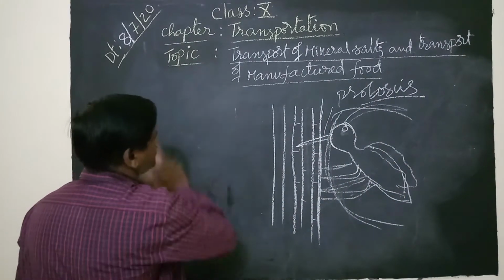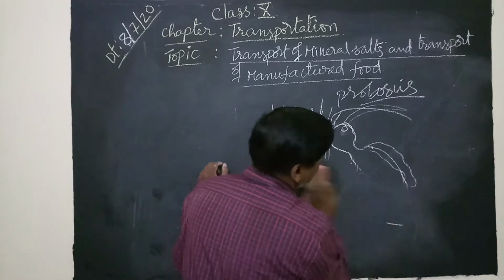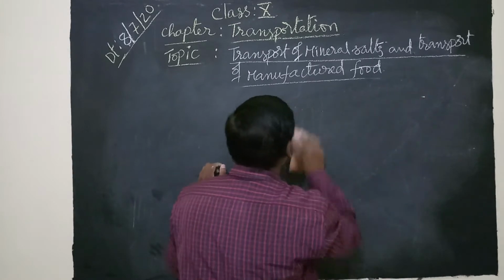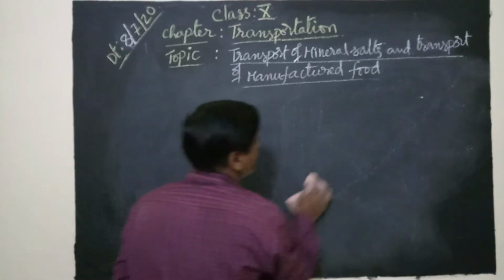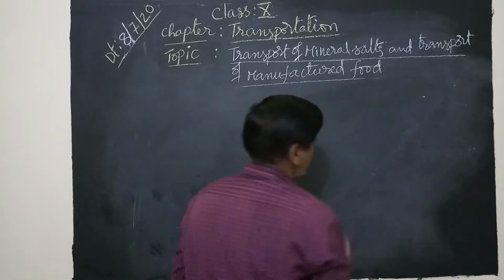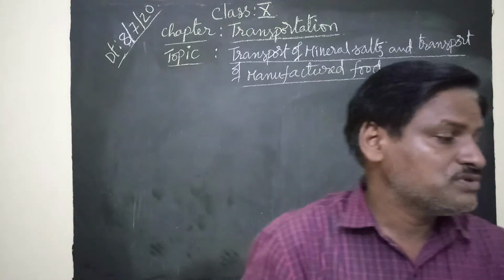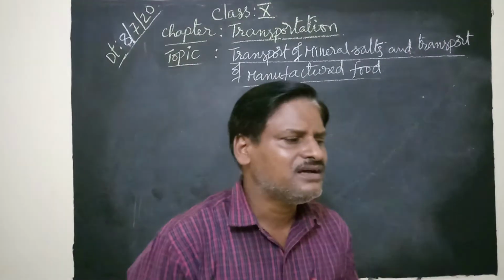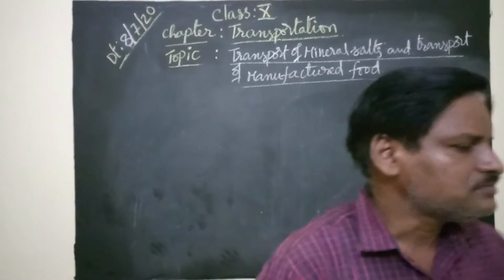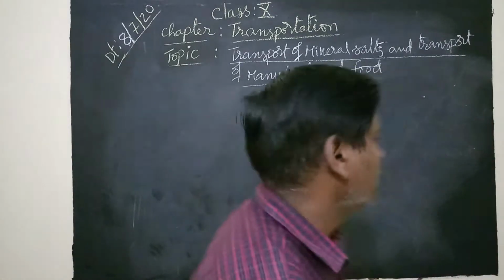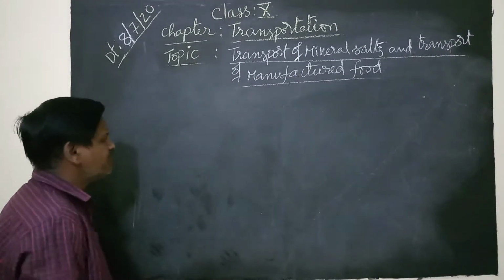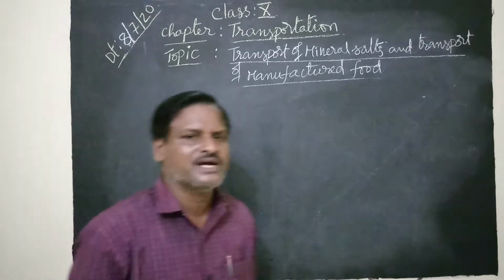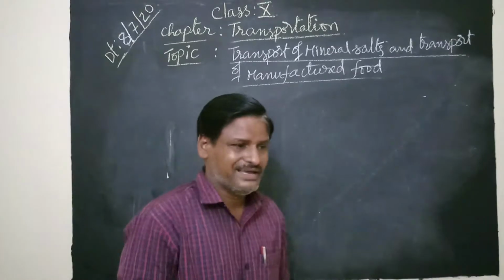After that, there is another activity to understand the food material which is transported in the phloem vessels. Okay, children, in the next class I am going to continue this activity.